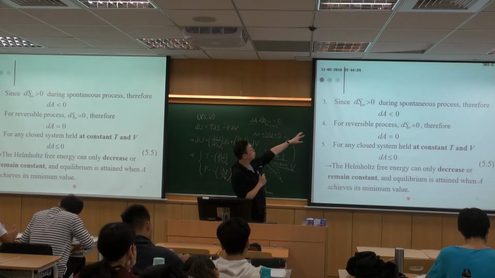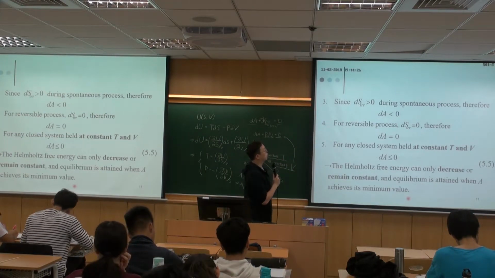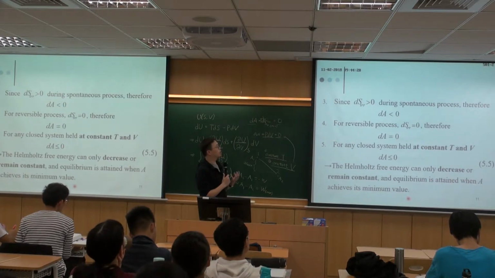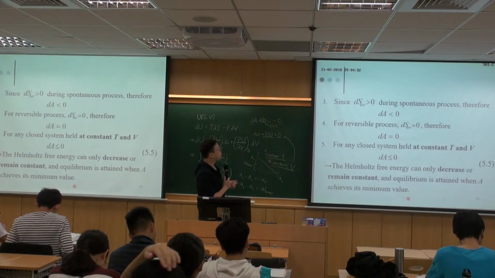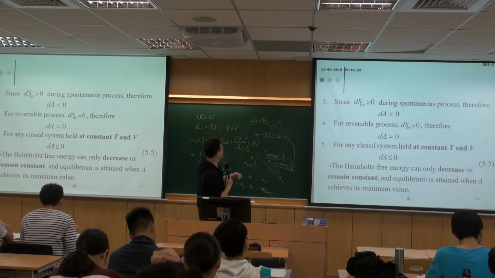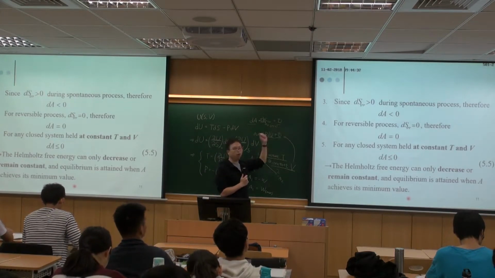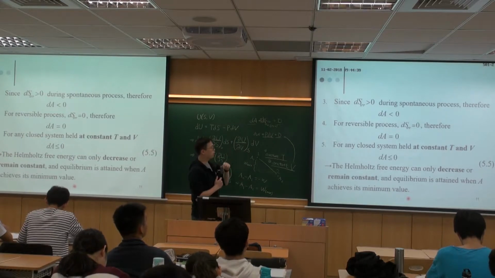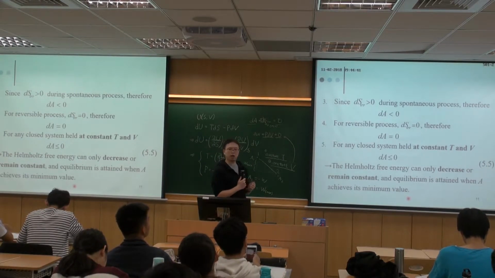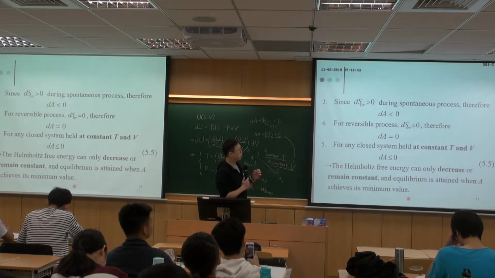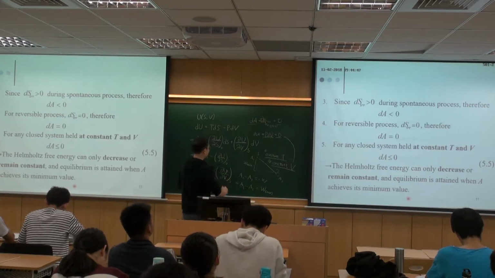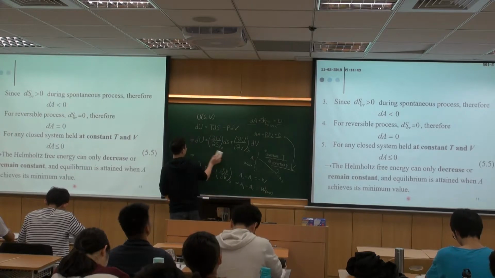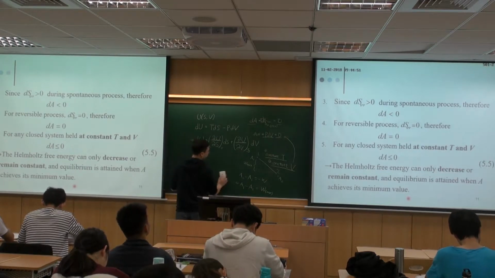So for the irreversible process, which means that you have a spontaneous process, dA is less than 0. And for a reversible process, dA will be exactly 0. Therefore, for any closed system, and the constraints are constant temperature and constant volume, dA is no greater than 0.